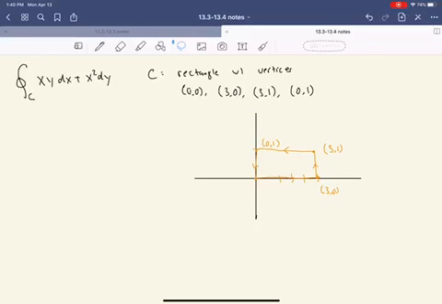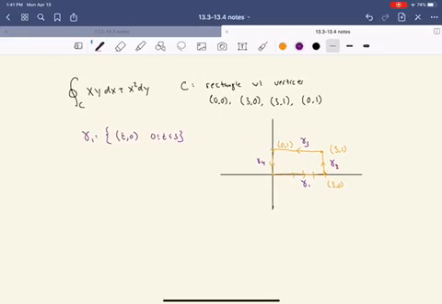We're going to split this up, just like before, into 3 or 4 different curves. So gamma 1 is given by x is t, y is 0. Just keep in mind that here I'm going to let t go from 0 to 3 so that I can get all the way over here.